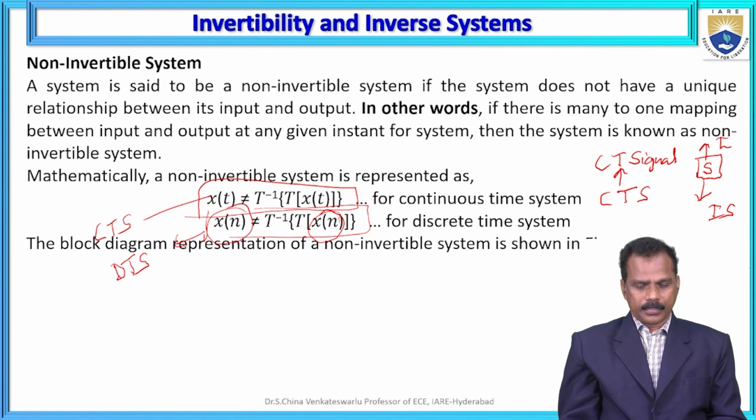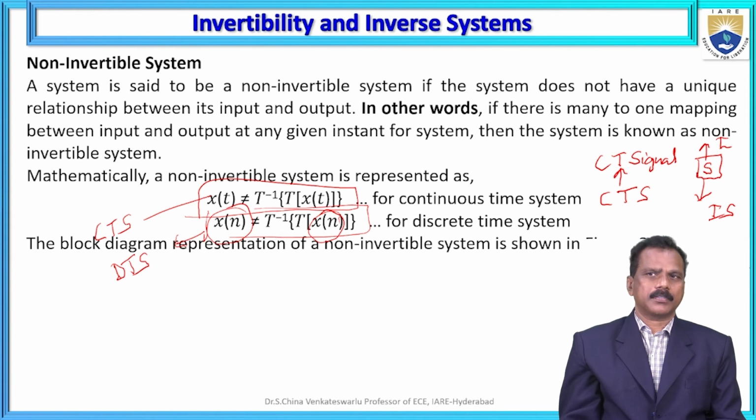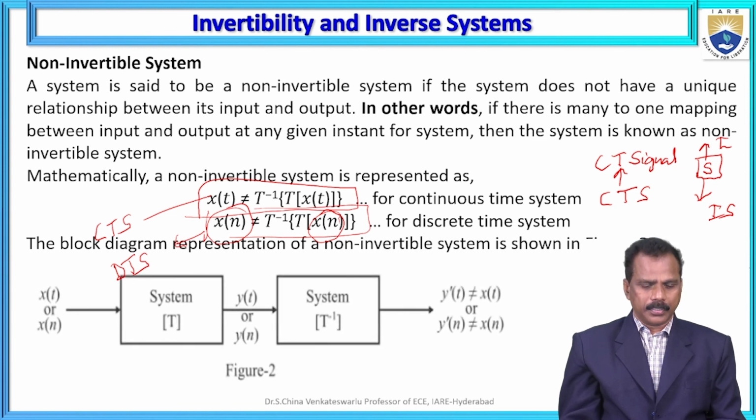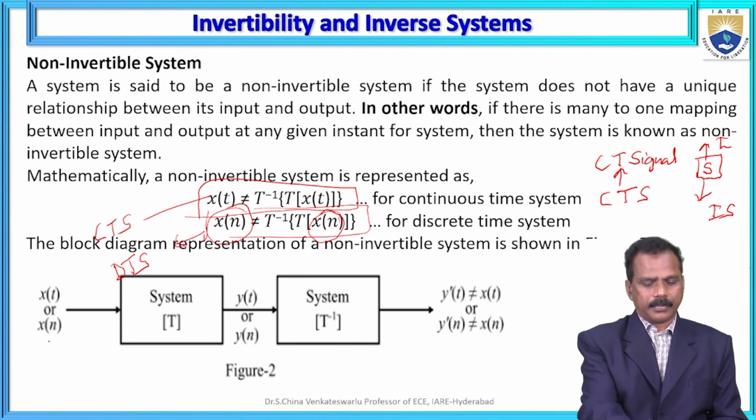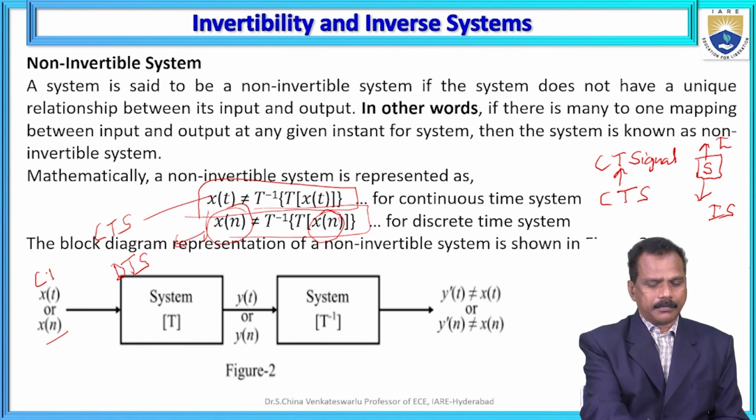To verify, we have the block diagram representation of a non-invertible system shown here, where the input is x of t or x of n, because we are ready to verify either a continuous time system or a discrete time system.